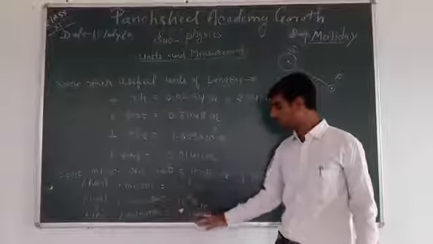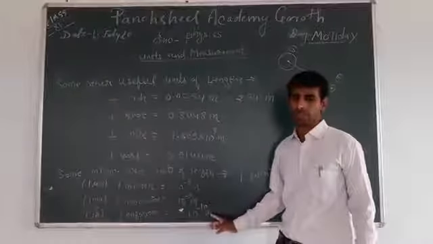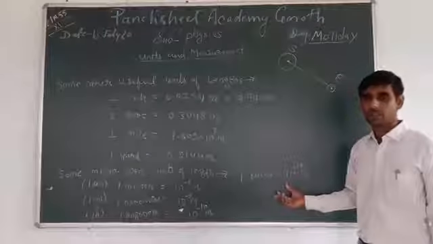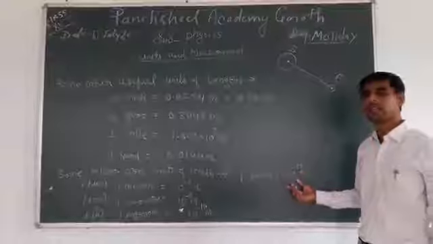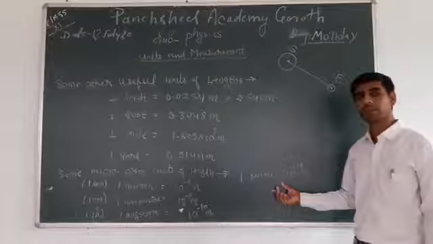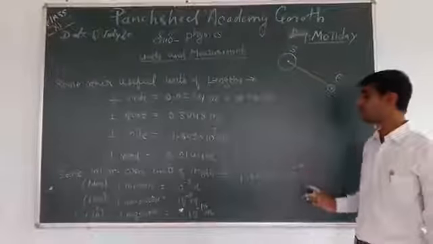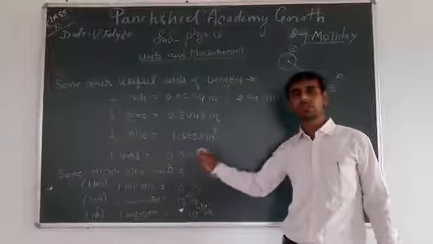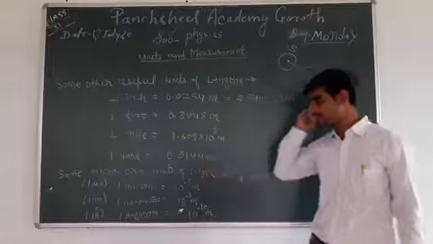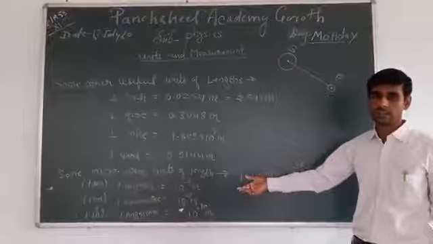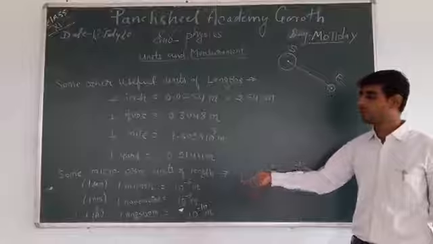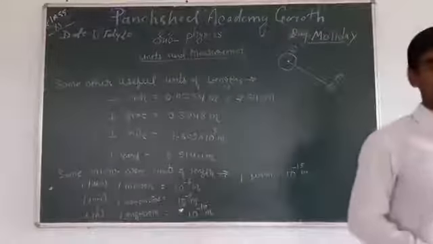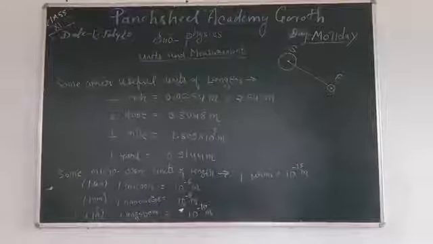So 1 angstrom equal to 10 to the power minus 10 meter. And the size of nucleus is written in Fermi. What is Fermi? 10 to the power minus 15 meter. Minus here, minus sign in exponential. So this is the units for length for very small or micro distances. Okay, write down.